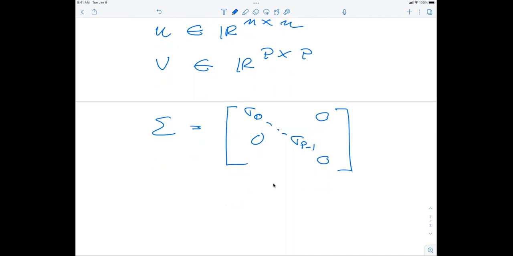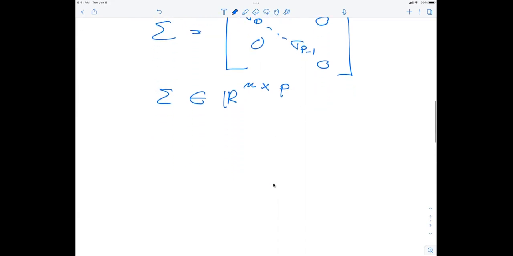This is a matrix which has dimensionality n times p. So this singular value decomposition, even if the matrix can be defective, it always exists. You can always perform a singular value decomposition of a matrix. That's a very important aspect.